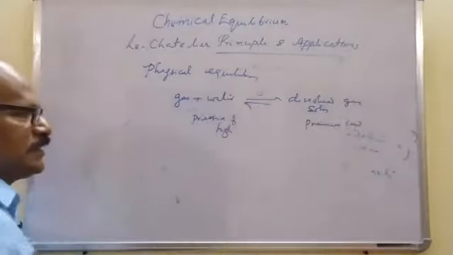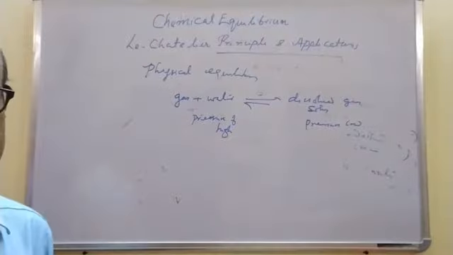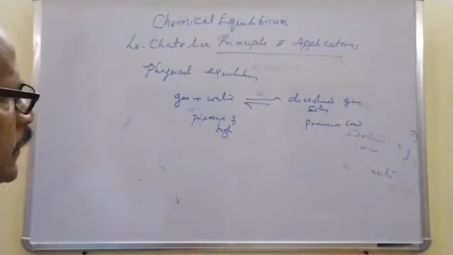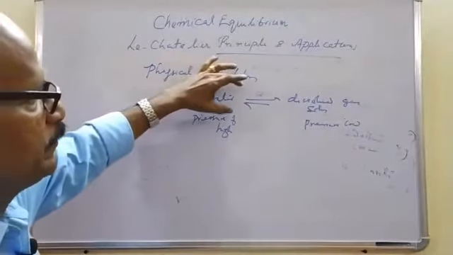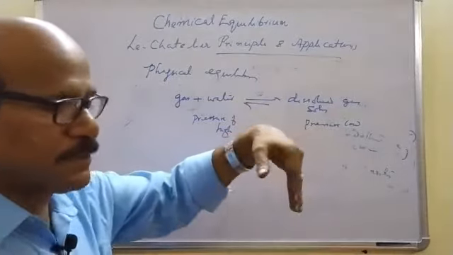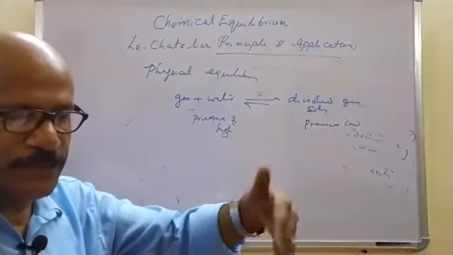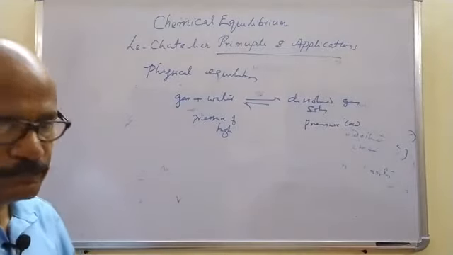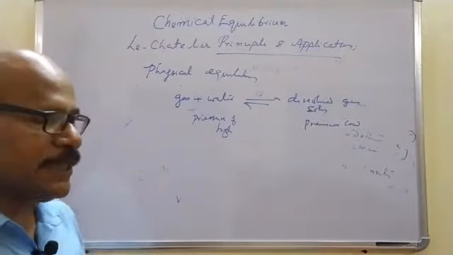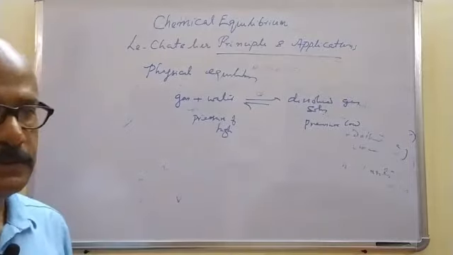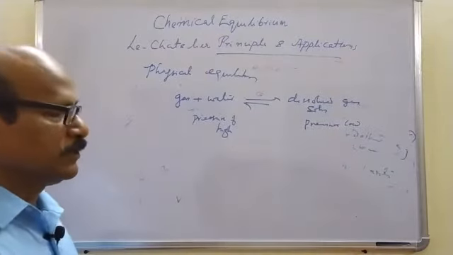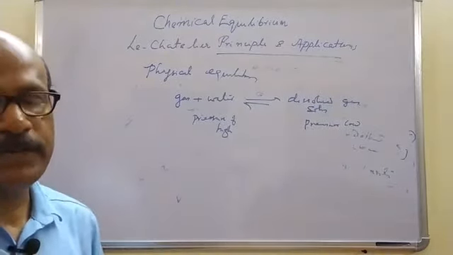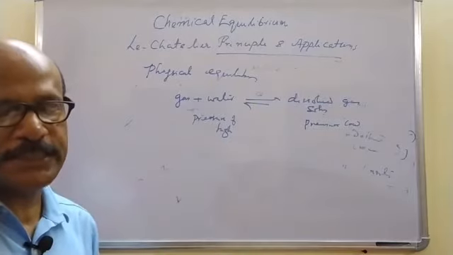If we increase the pressure in the system at equilibrium, it is cancelled by shifting the equilibrium in the direction of low pressure, that is dissolution of gas increases. That is actually Henry's law. So more and more gas will be dissolved, or dissolution of gas is favored by increasing the pressure. That is Henry's law.